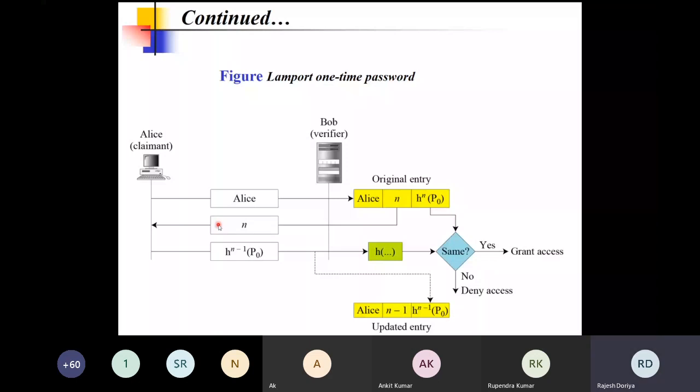Means whatever hash value has been generated, again a hash has to be applied on that earlier generated hash value. So this is how the parties communicate together in this particular mechanism, which is called a Lamport one-time password.